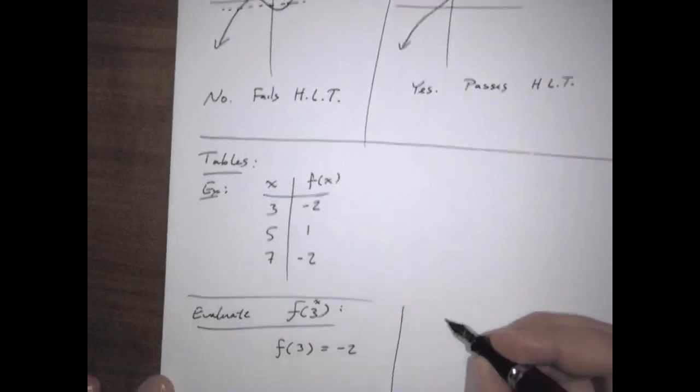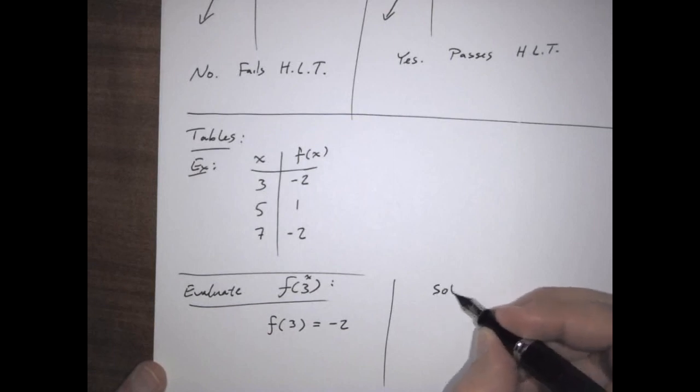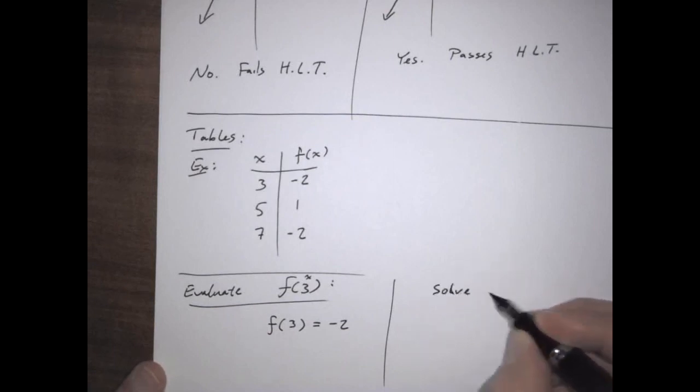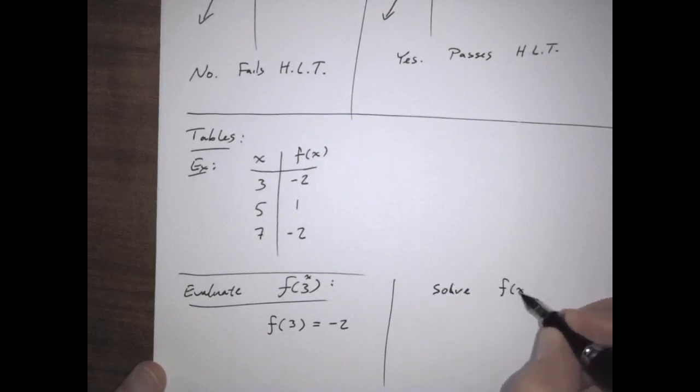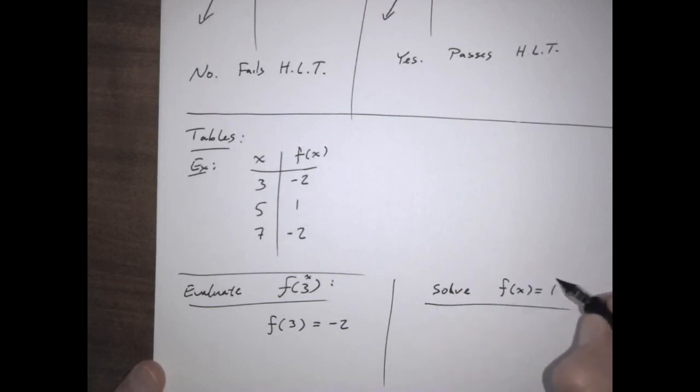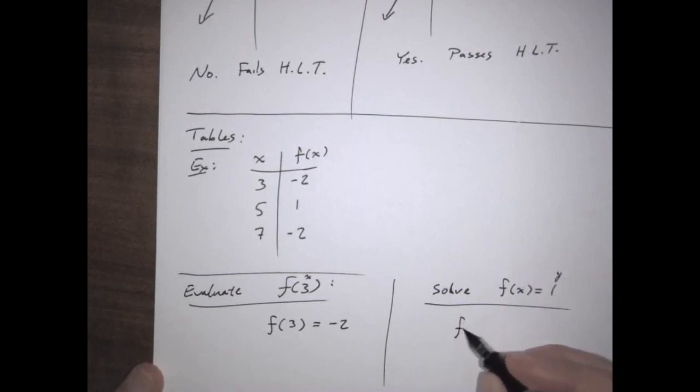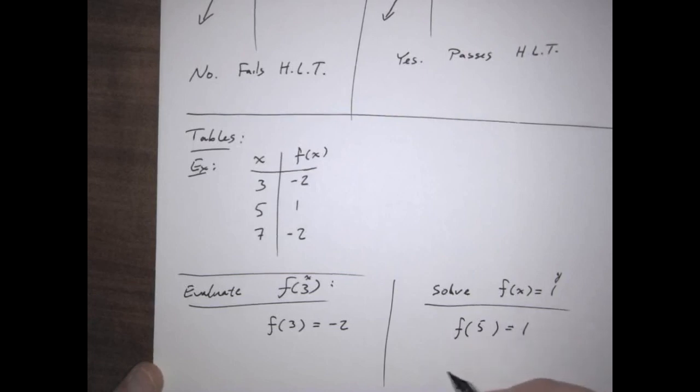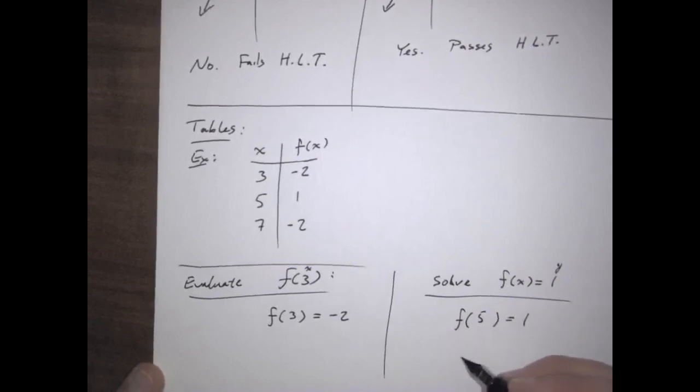Conversely, we might have to solve f of x equals 1. So here, this is the y value that's being given, and it's the x value that's being wanted. And so the 1 is fixed, so it's a 5 that we are supposed to fit into the x spot.